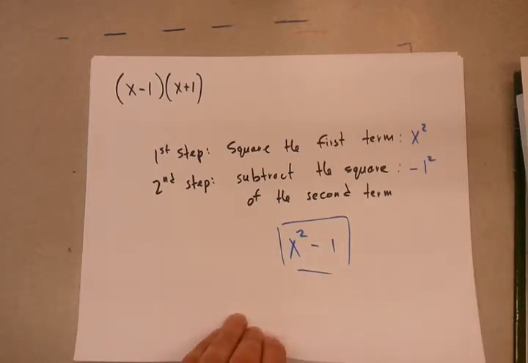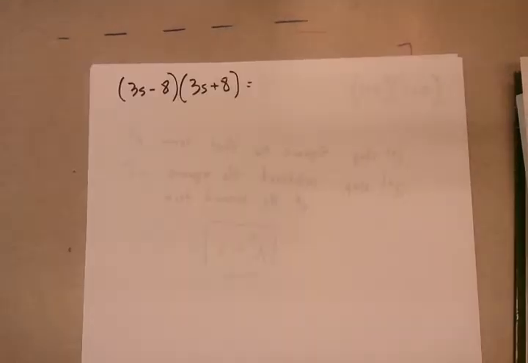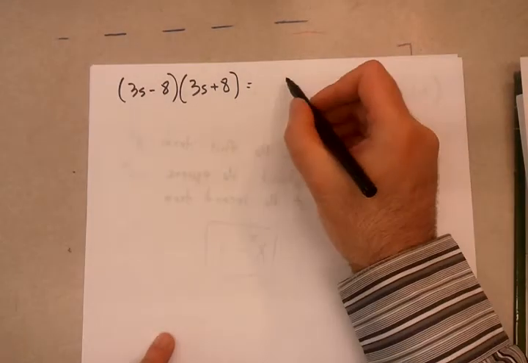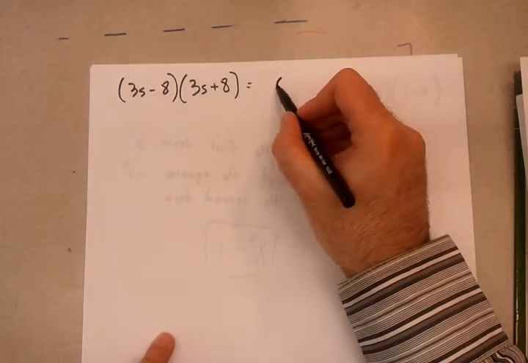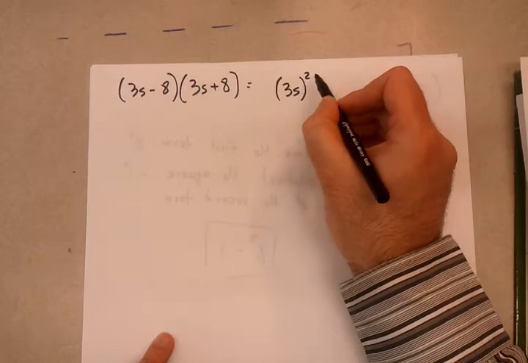Let's do another example here. I have this particular problem. For this problem, again we're going to use that second shortcut method because this is the second special case, where you have pretty much an identical binomial except one has an addition in there and the other one has a subtraction. So the shortcut says first take the square of the first term. The square of the first term is 3s taken to the second power.